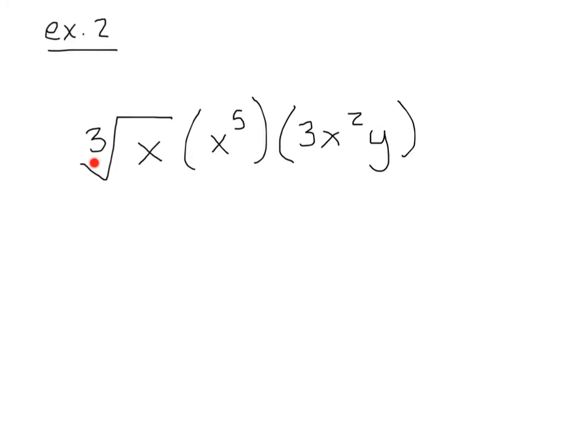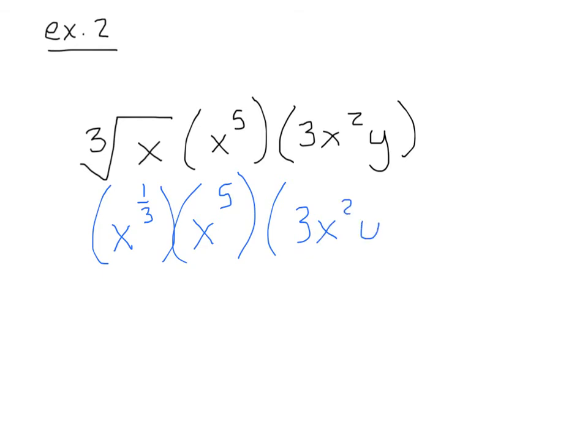Okay, so in this example, I've got the cube root of x times x to the fifth times 3x squared y. The hard part is I have to recognize that the cube root of x means x to the what power? 1/3. And once I know that, this is an easy problem. So I'm going to rewrite this as x raised to the 1/3 power times x to the fifth times 3x squared y, right? Now the coefficient for each of these terms is 1, 1, and in this case it's 3.